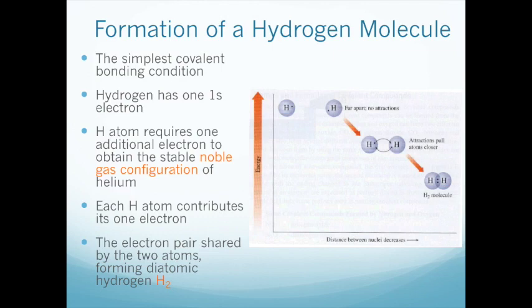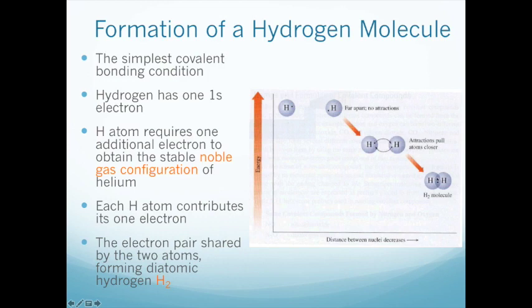The noble gas configuration of helium, of course, is two electrons which are paired together with opposite spins in the 1s orbital, and when the two hydrogen atoms come together, the electrons will acquire opposite spins from one another and exist in the space between the two hydrogen atoms as they pull close together, as shown here in this diagram.